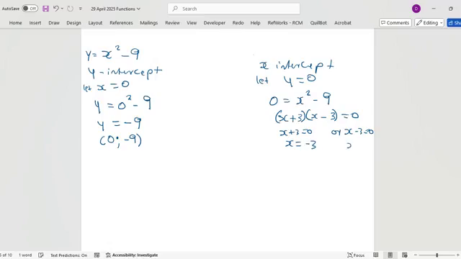And the second one, x will be equals to how much? Positive 3. So the coordinates here will be x is negative 3, but y is 0. And the second one, x is 3, but y is 0.